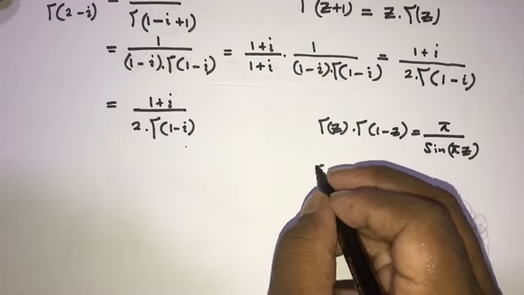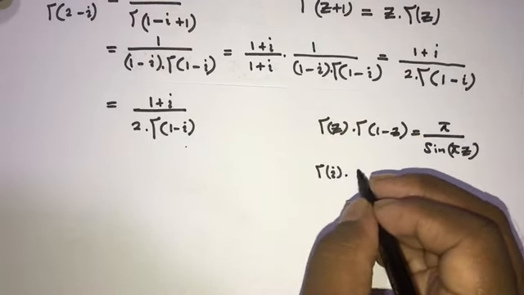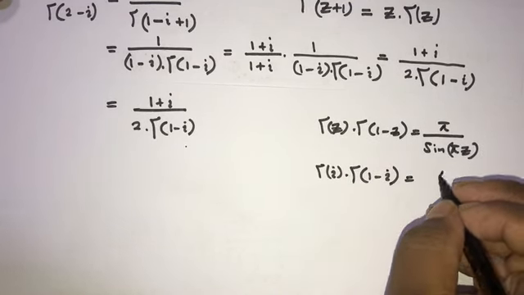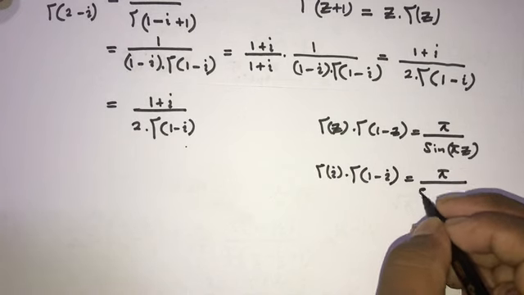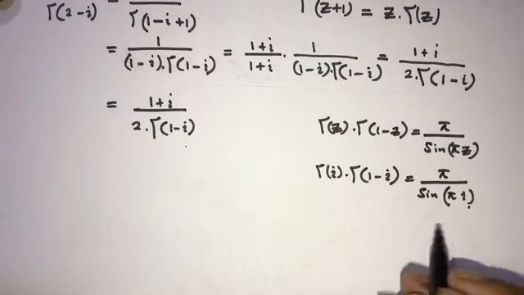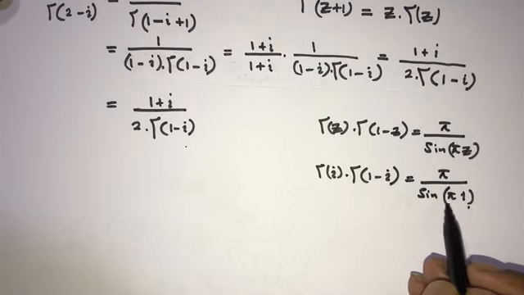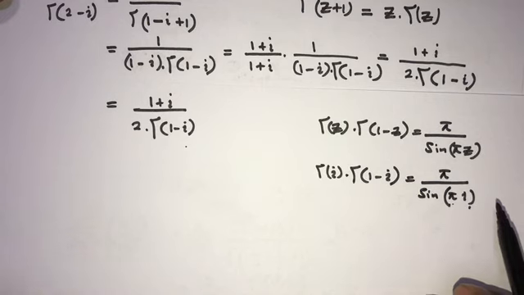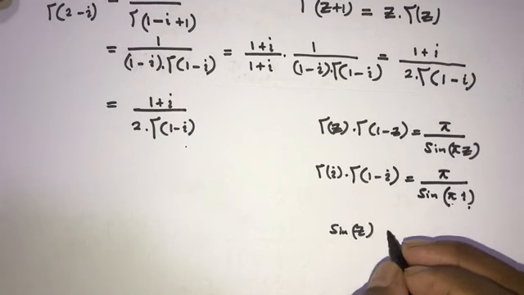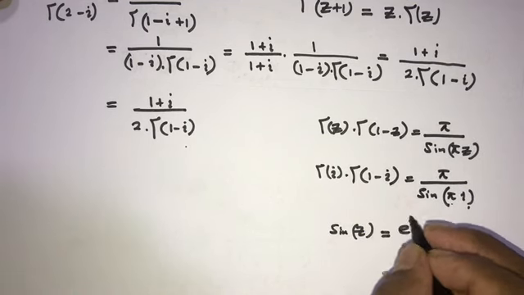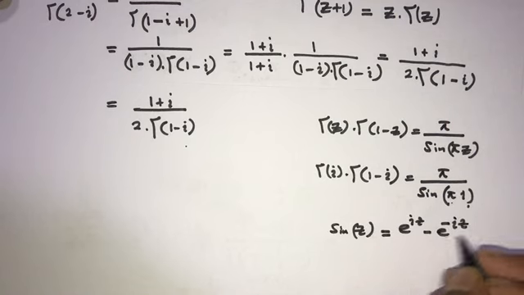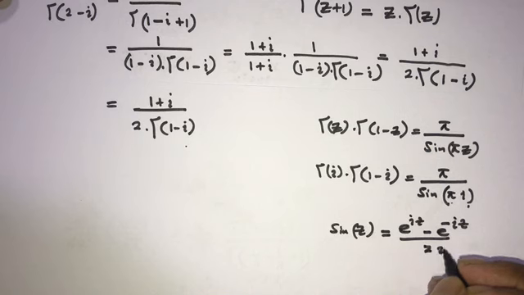So we can write gamma of i times gamma of 1 minus i is equal to pi over sine of pi i. Okay, now again sine of pi i. What can we do? Yeah, we know sine of z is equal to e to the iz minus e to the minus iz over 2i.